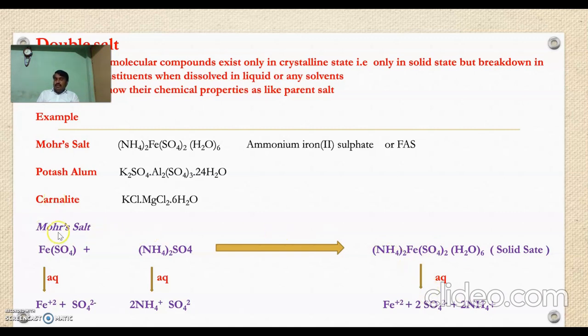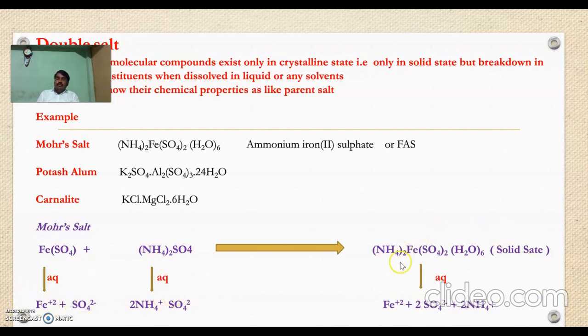For example, here FeSO4 mixed in aqueous media gives Fe2+ plus SO4 2-, and likewise ammonium sulfate mixed in aqueous media gives twice NH4+ and SO4 2-, like the same parent salt.